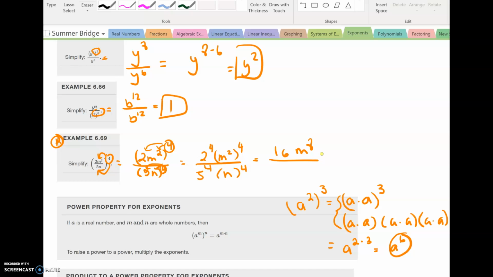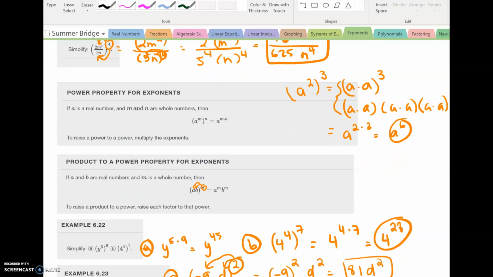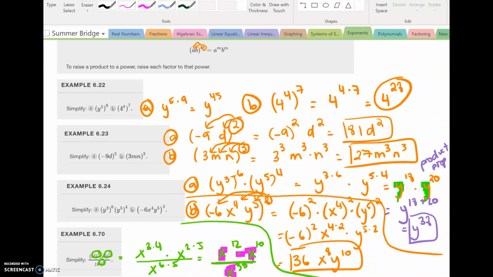Times 5 is 125. So that's to the 3rd. And then we multiply by 5 one more time. So that's going to be 625. And let's be honest here, we can't simplify that any further, and that's n to the 4th. And that's about it. Okay, so now we truly have done every single example here for power rules.